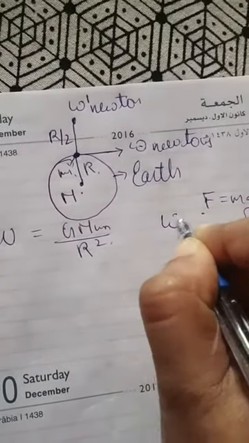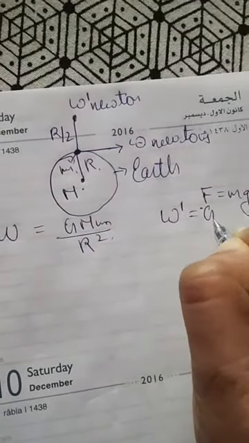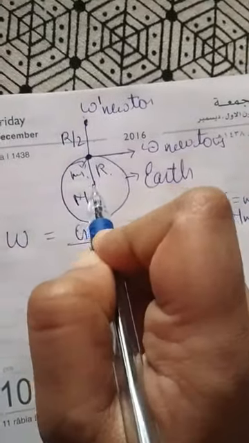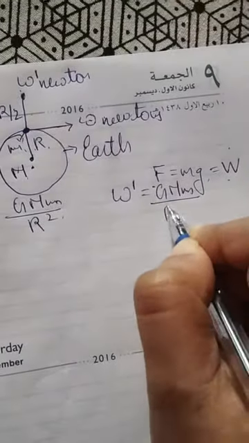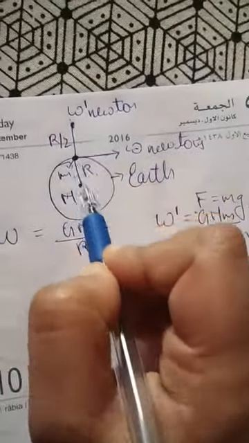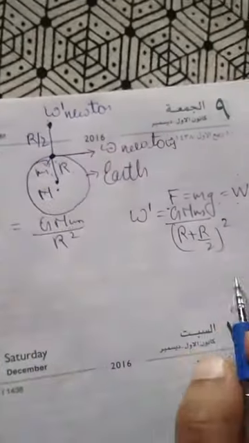Now what will be W dash? W dash will be equal to G M m, same person, mass of the Earth, and this weight. The total distance would be R plus R by 2, since this is R and this is R by 2, so the distance of the person from the center of the Earth will be this.